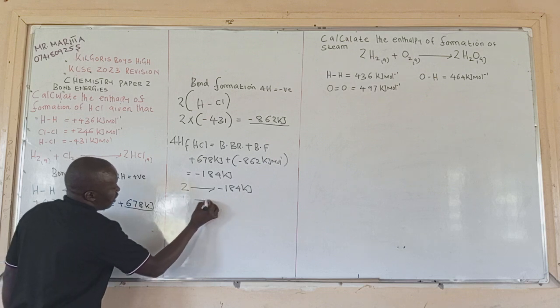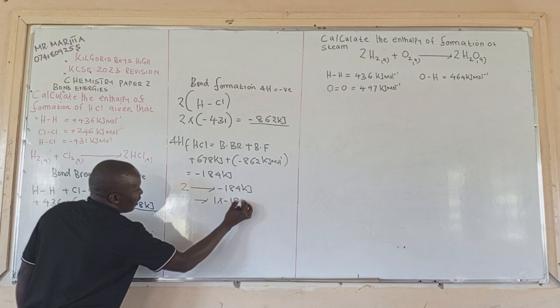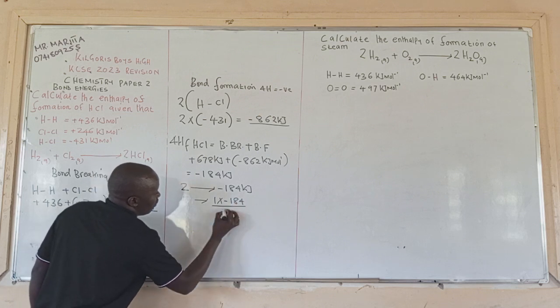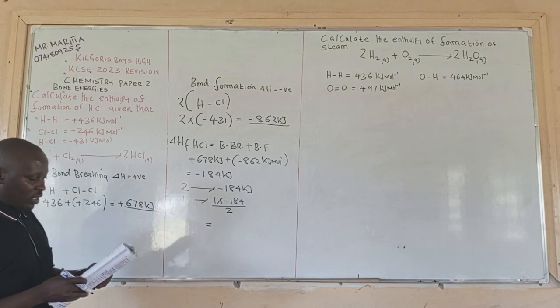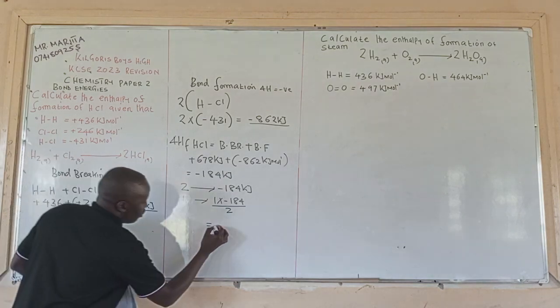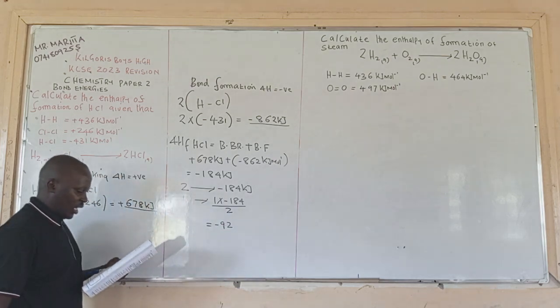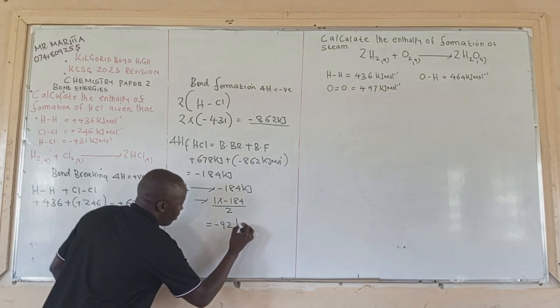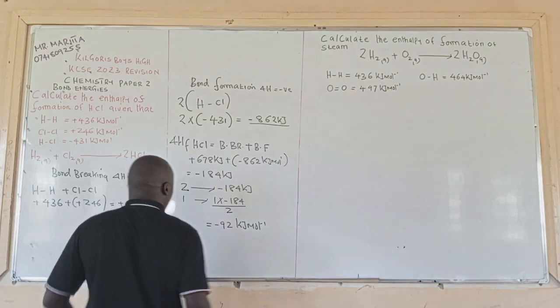You divide this by 2, and this will give us negative 92. So we have negative 92 kilojoules per mole.